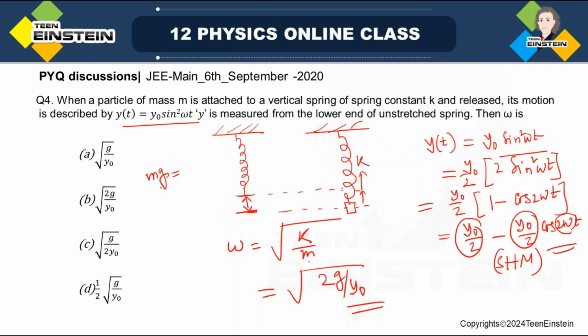This is the maximum force, seen at the maximum displacement, at this particular position. So from here you have to find out k by m. K by m means 2g by y naught. That is what we had to apply here.